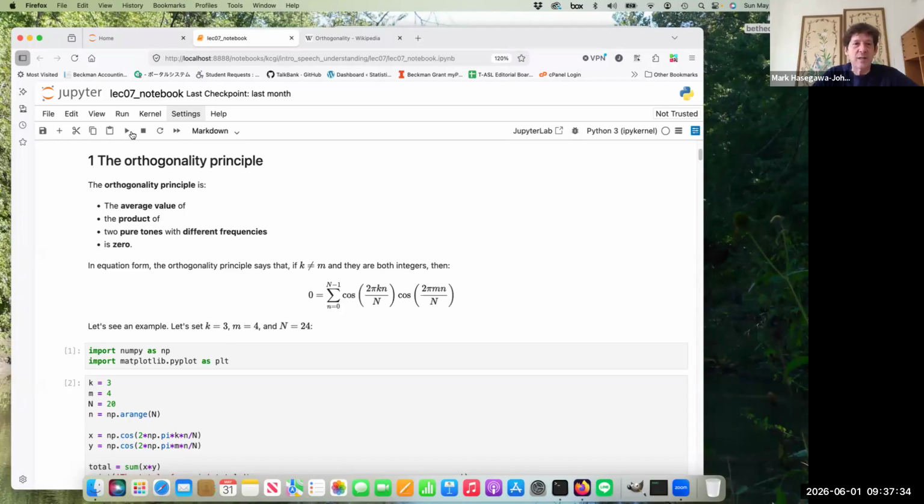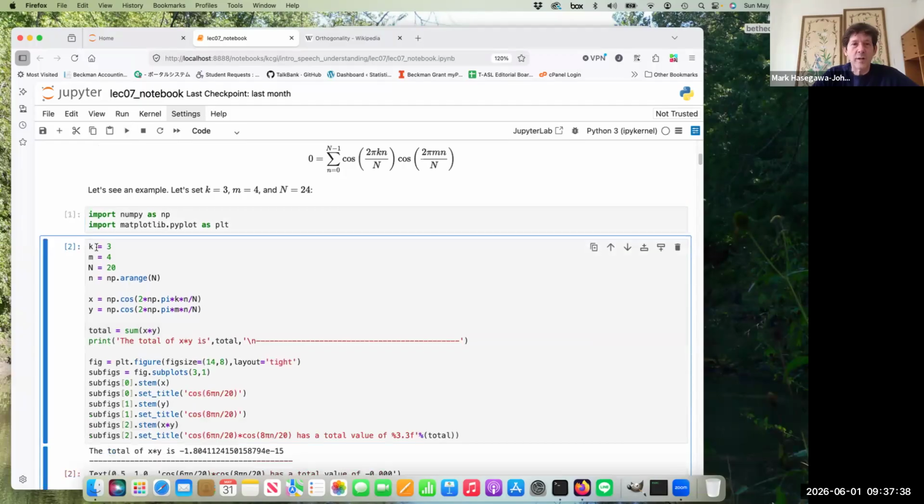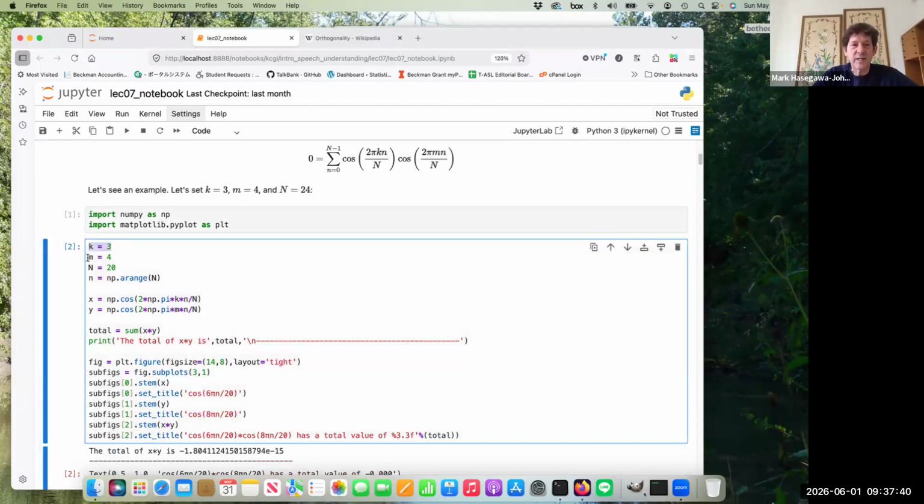Right? So for example, let me import NumPy and Matplotlib, and let me create one cosine that has 3 complete periods, one cosine that has 4 complete periods, and I'll take 20 samples of each of those cosines.